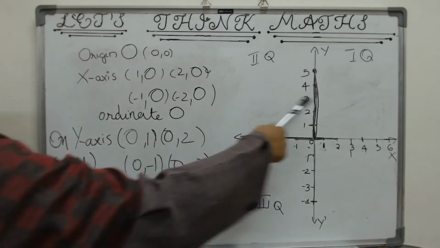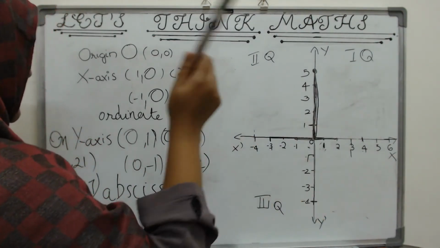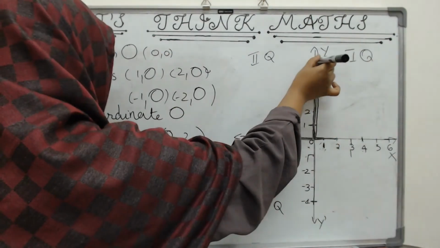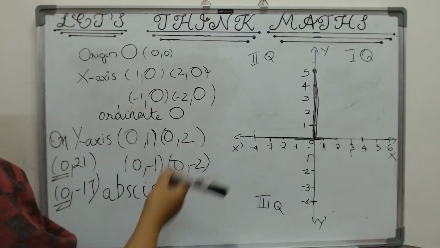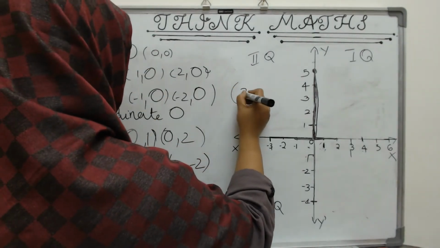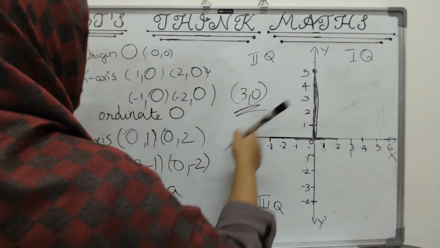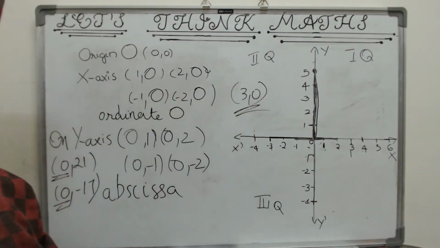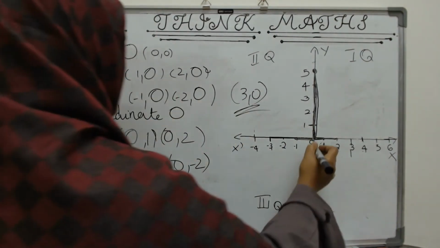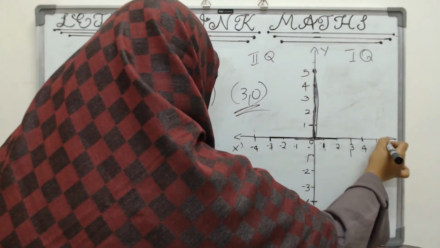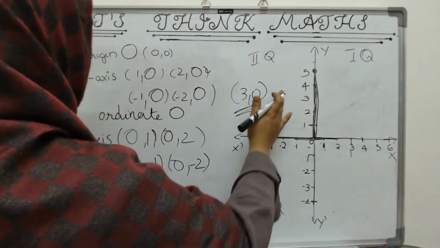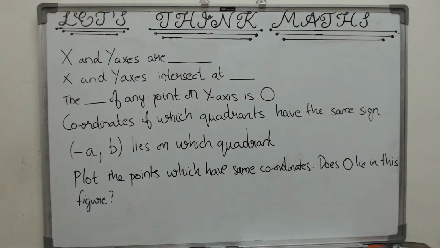It does not lie in any of the quadrants. Instead, it lies on the y-axis. Similarly, if somebody gives you a number where you see that its ordinate is 0, then for sure you can say that it lies on the x-axis. It does not lie on any of the quadrants.